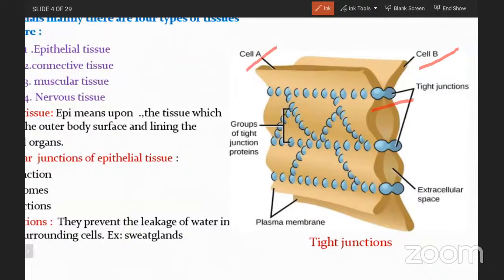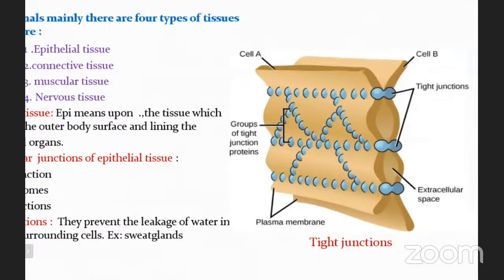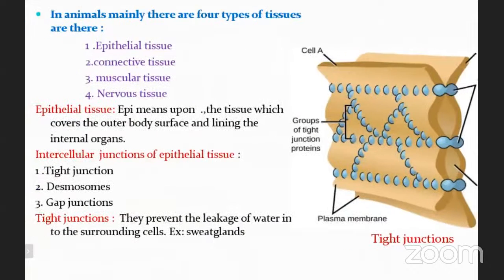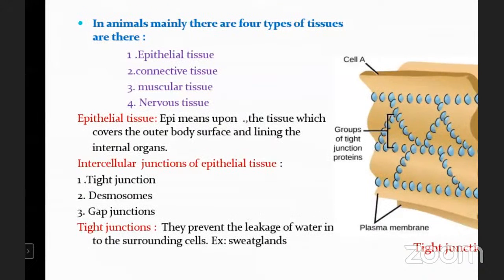Here they prevent the leakage of water into the surroundings. So when we go for the definition, the tight junctions which are present at the epithelial regions prevent the leakage of water into the surroundings.